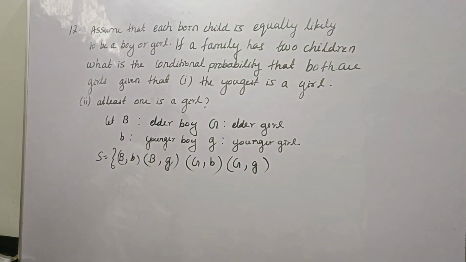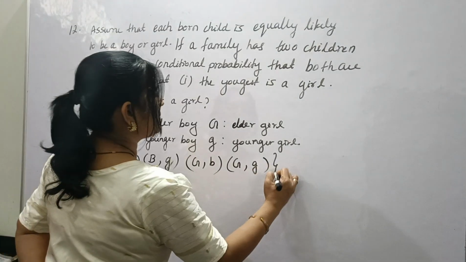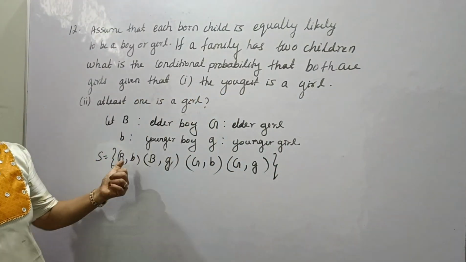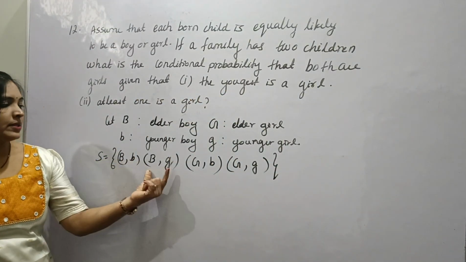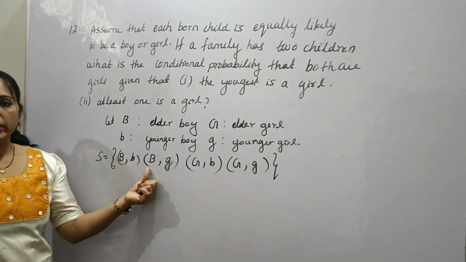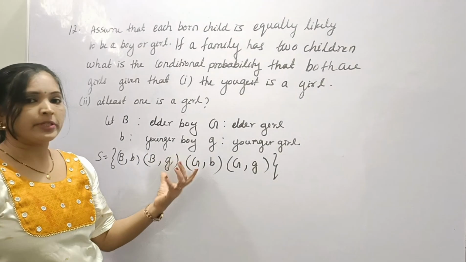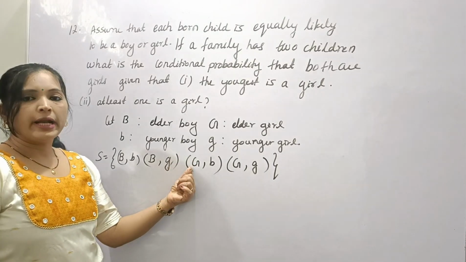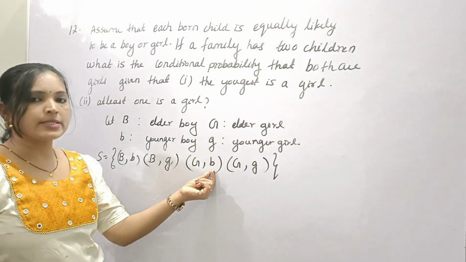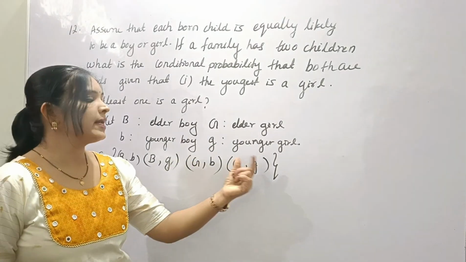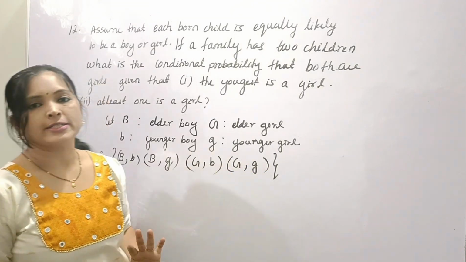Okay. That's all right. B b, that is both are boys. Next here, elder is boy, younger is girl. Next, these are the possibilities, okay. Elder is girl and younger is boy. Elder is girl, younger is girl. That is both are girls.